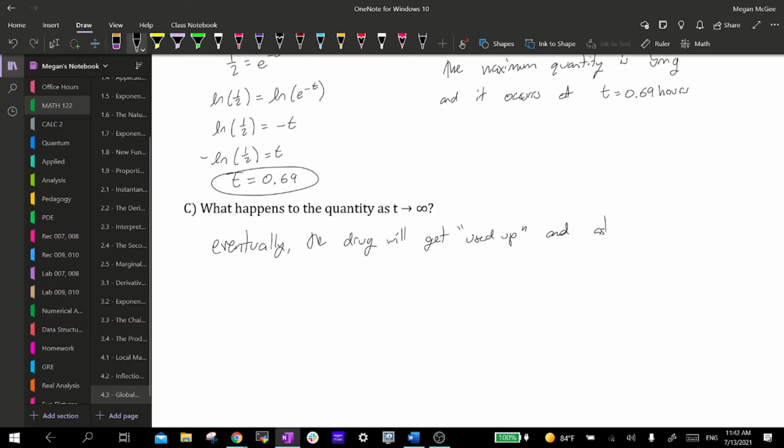And as t goes to infinity, so this is as time goes on forever, the quantity will go to 0. It's going to level back out at 0 again until the next dose is taken.